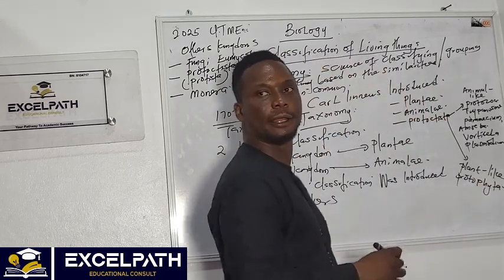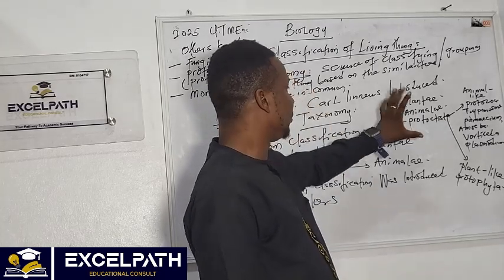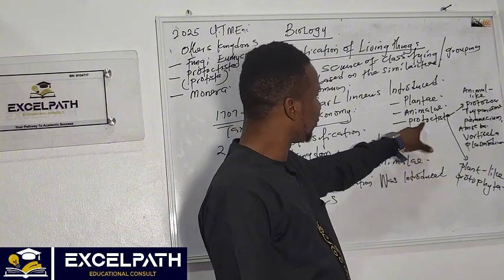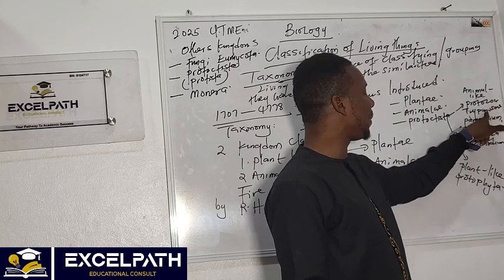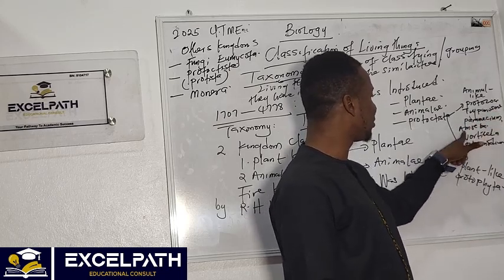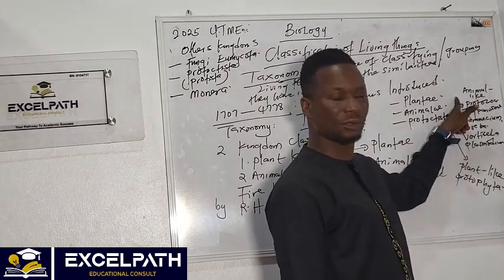Now, the Protista that behave like a plant are called protophyta. Let me go back again. I said Protista is grouped into two. The animal-like Protista, which are called protozoa, with trypanosomes, Paramecium, Amoeba proteus, Vorticella, and Plasmodium as examples.